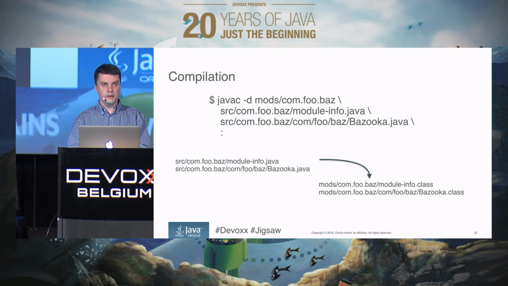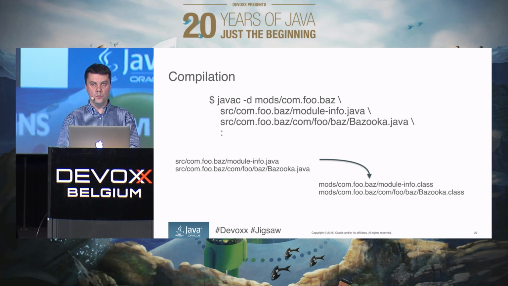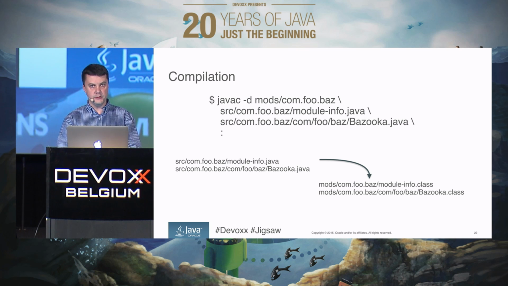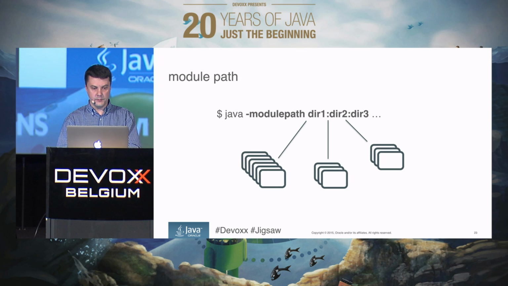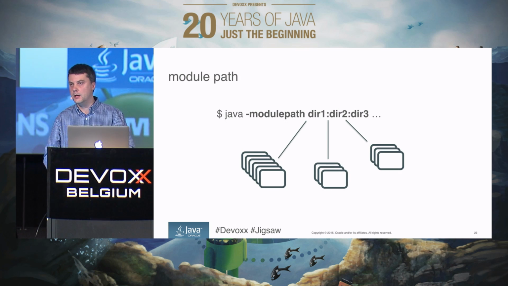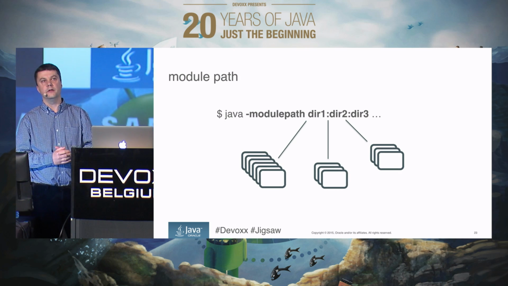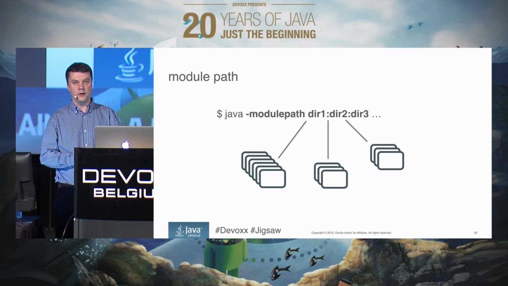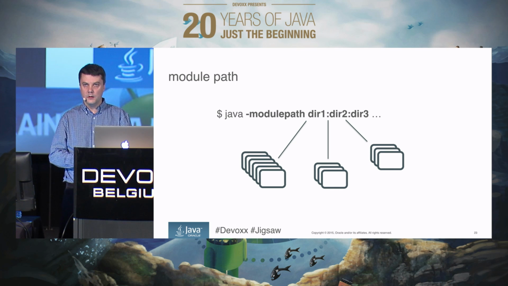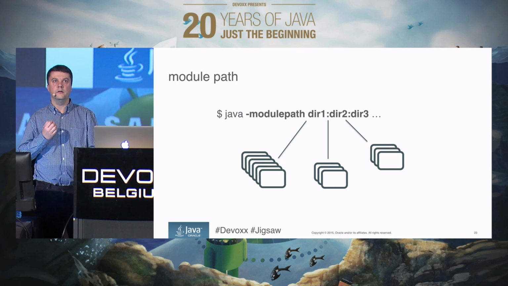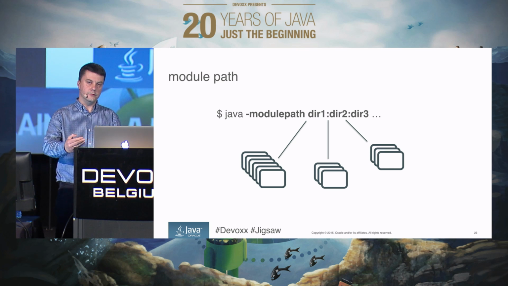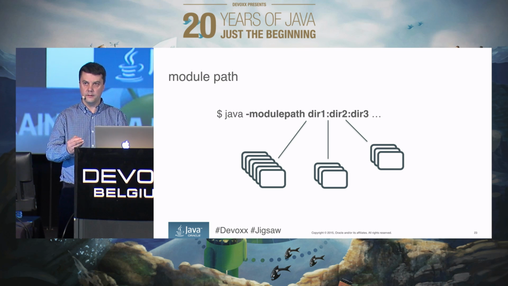To build up the next few examples and show additional compilations, I needed to introduce one other concept, and that is the module path. The module path, you can think of as the module equivalent of the class path. With a class path, usually you're giving it a sequence of jar files.